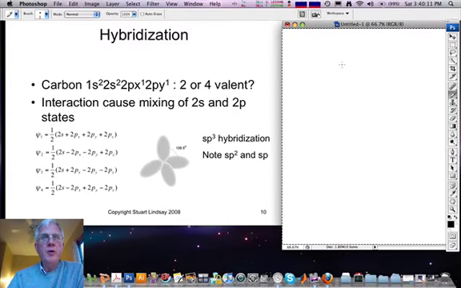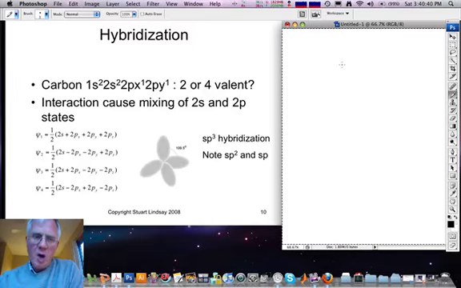The orbitals involved in this mixing are usually the outer valence orbitals, and in particular those orbitals that lie close in energy, which are very often the s and p states of the atom, particularly in the case of carbon. So in carbon, hybridization between s and p states leads to a number of possible bonding arrangements in the molecules.